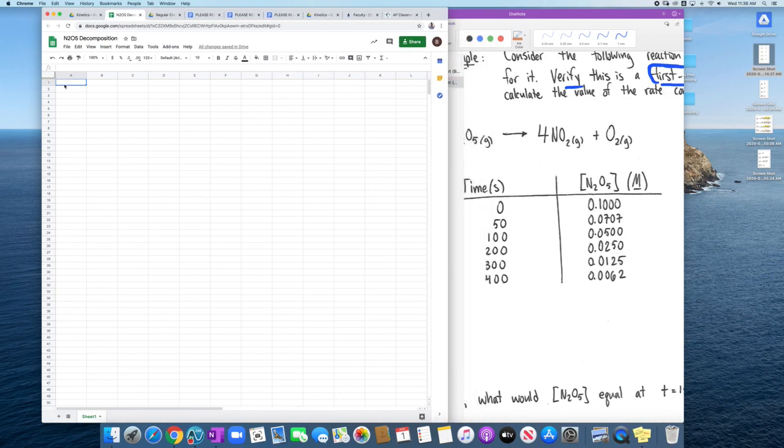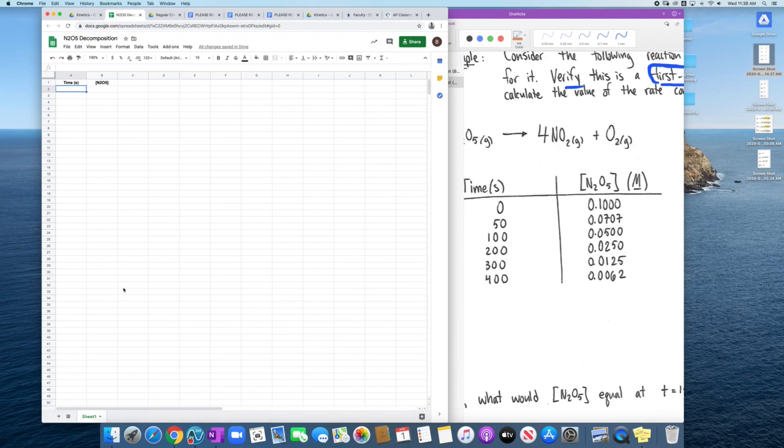Okay, so up here is time in seconds. And if you want to follow along in your calculator or also on Excel, I think that would be a great idea. And this is going to be concentration of N2O5 through the course of the reaction. That's measured in molarity. Brackets indicate molarity. Okay, so straighten that up. Boom, boom. Make them bold.